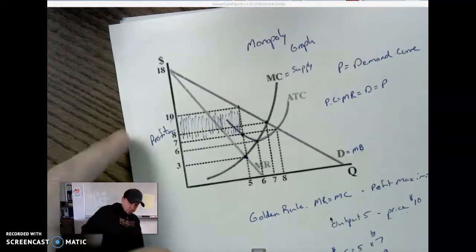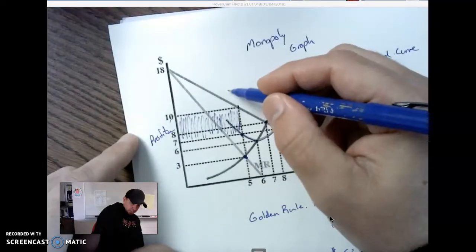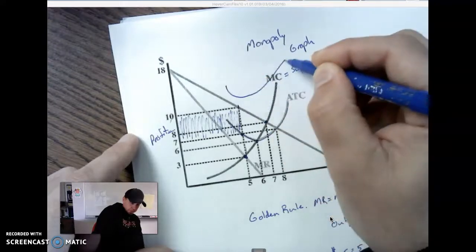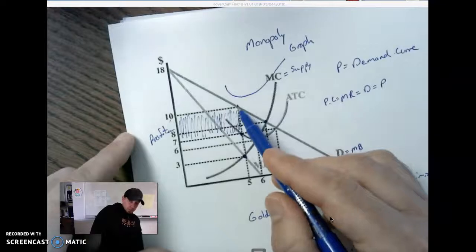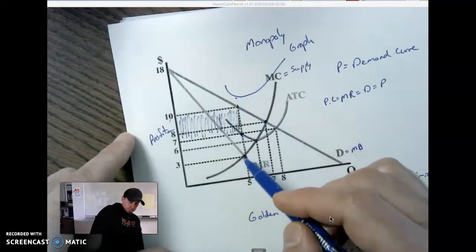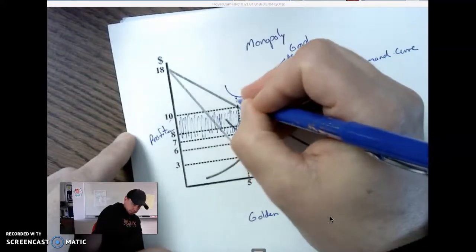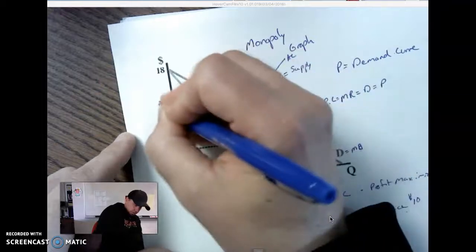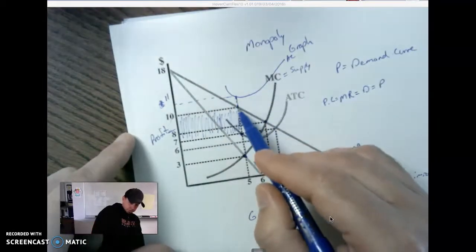Now, in some problems, your average total cost might be at a different location. You might have an average total cost curve up here, where now your price is below the average total cost. The marginal revenue curve hasn't changed, just our average total cost. So now we come up and hit the average total cost curve, and our average cost per unit is $11, and we're only able to sell it for 10.